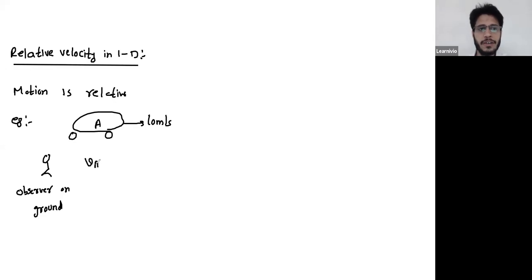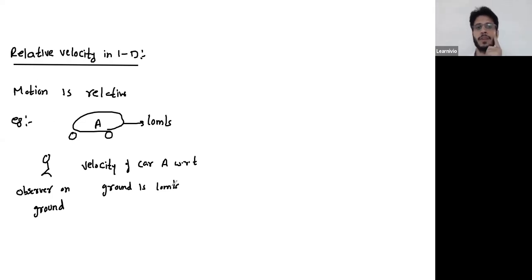So the velocity of car A with respect to ground is 10 meter per second, if your observer is on the ground.